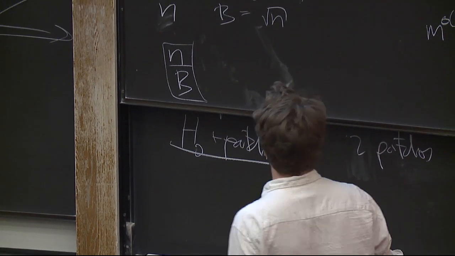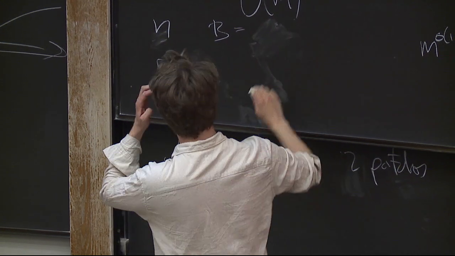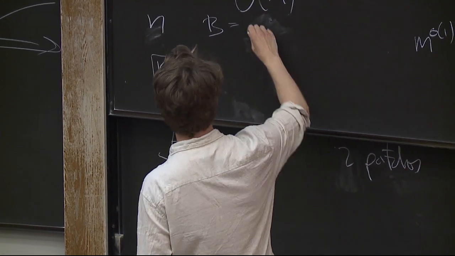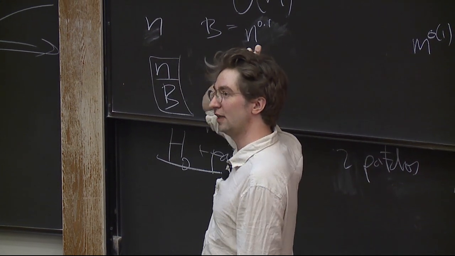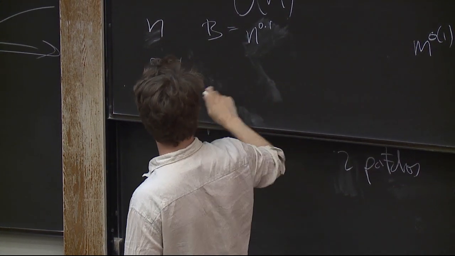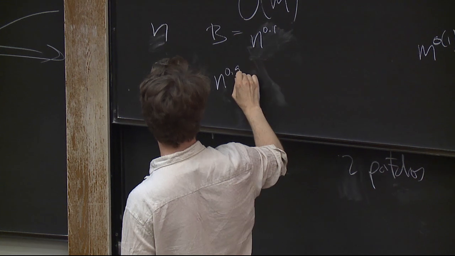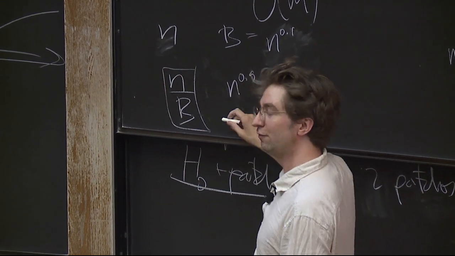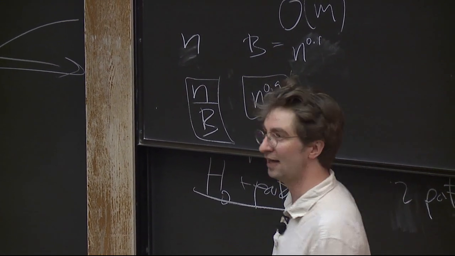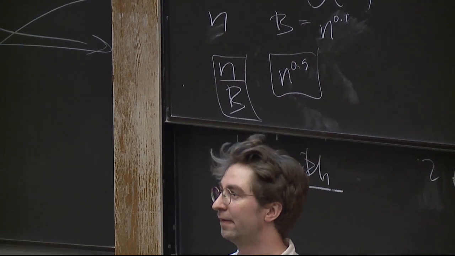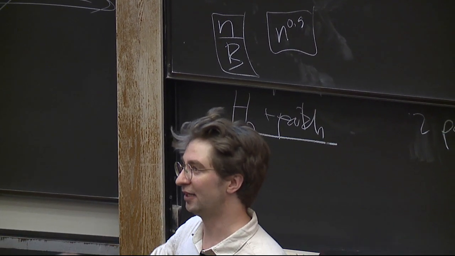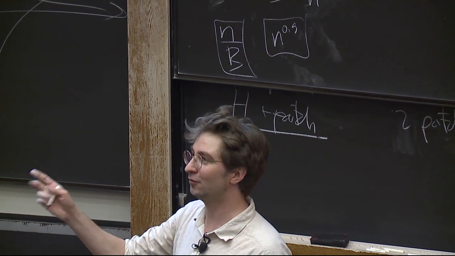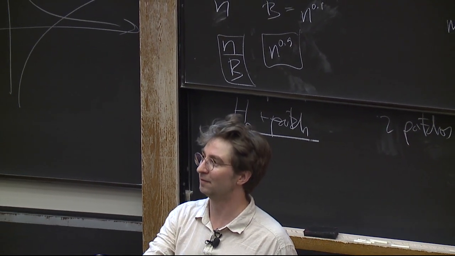But now suppose that I take the number of buckets to be a bit smaller, say n to the 0.1. Now n over b is n to the 0.9. So if I have n to the 0.9 items in each bucket, and I split that bucket into b buckets, then I have n to the 0.8 items there.